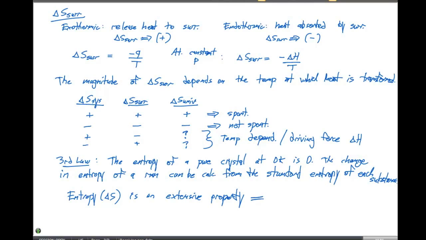And what an extensive property is, it depends upon amount. So the amount of a particular substance we have is going to be dependent upon the overall entropy that we have. And this is consistent with some of the figures that we talked about earlier on in the lecture.